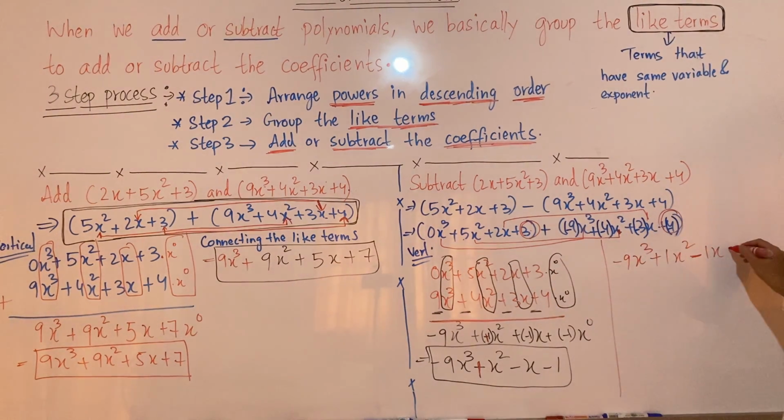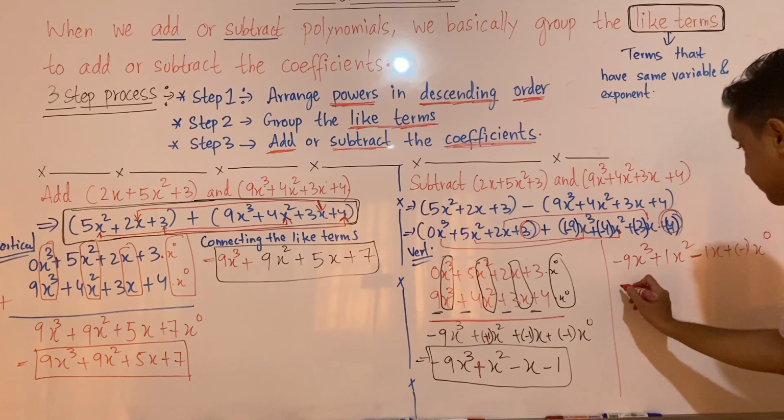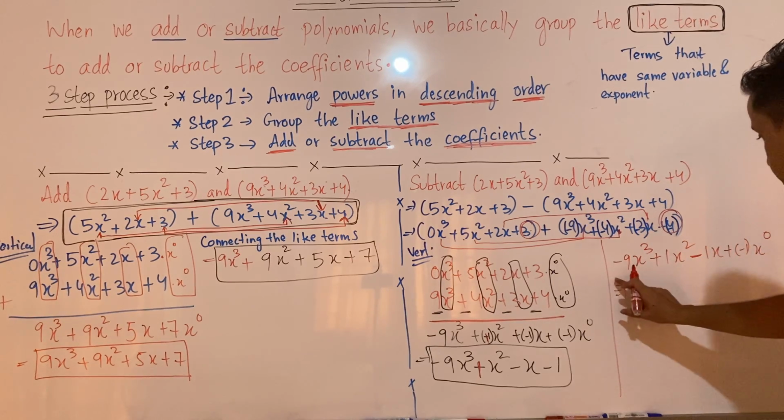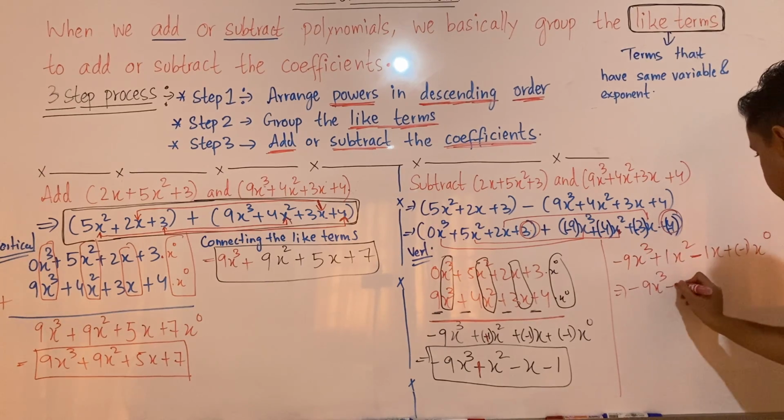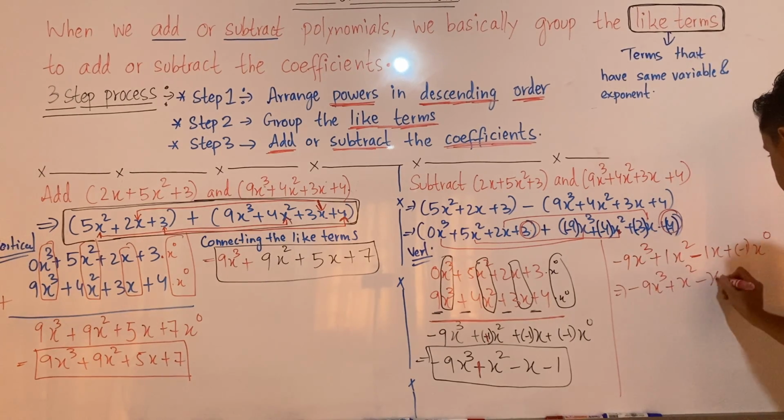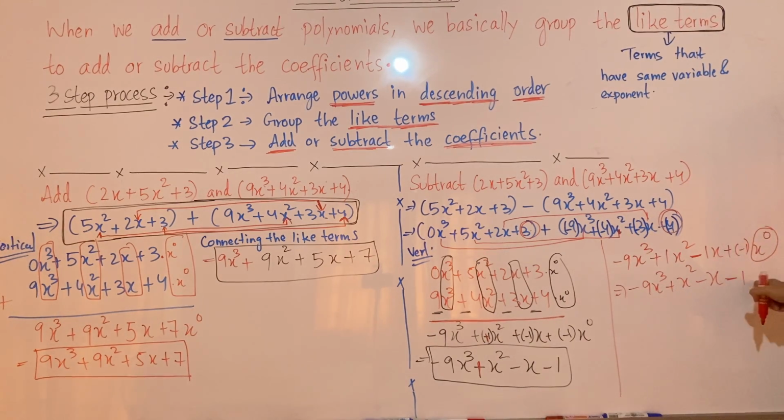So 3 minus 4 is minus 1. Now simplify it further: it would be minus 9x cubed plus x squared minus x minus 1, because x0 the value is 1.